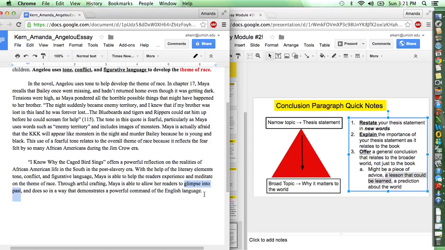So I'm going to elaborate on that a little bit and relate it to the broader world. So I'm steering my conclusion in the direction of helping my readers understand that by developing this theme of race, Maya wants humanity to learn the importance of love and acceptance.